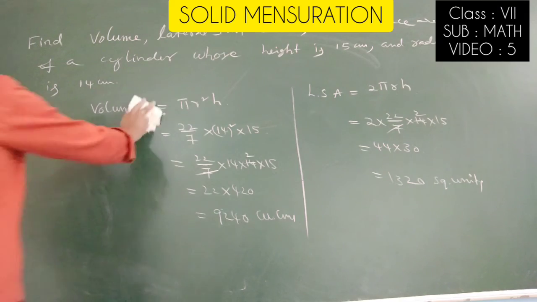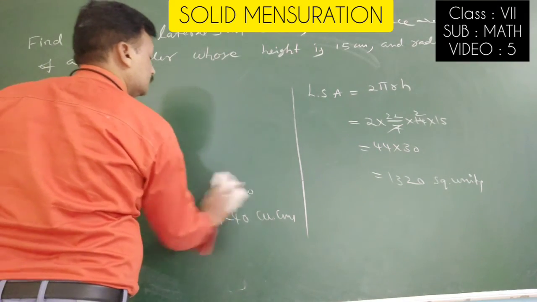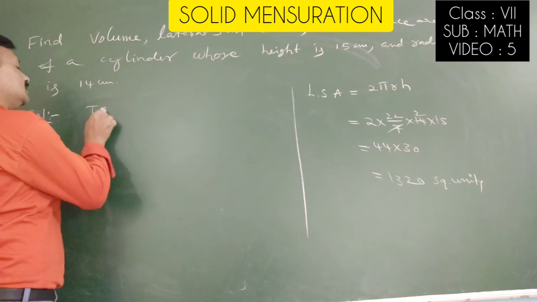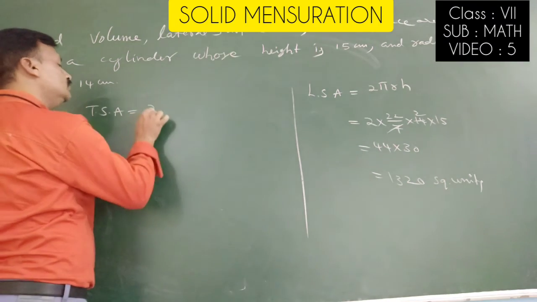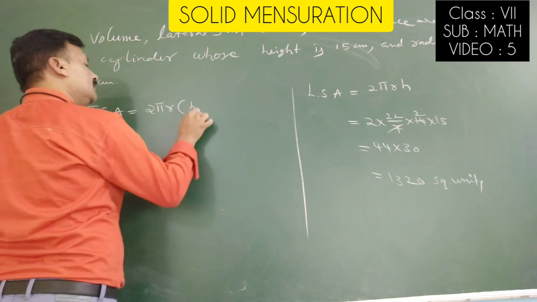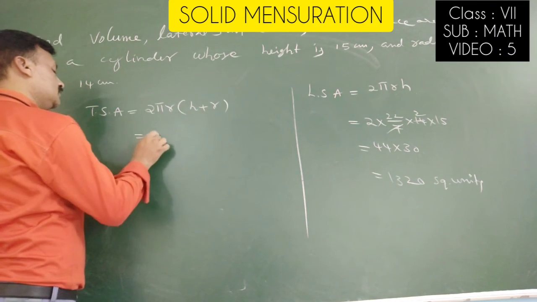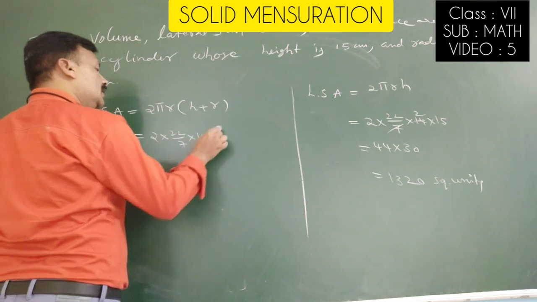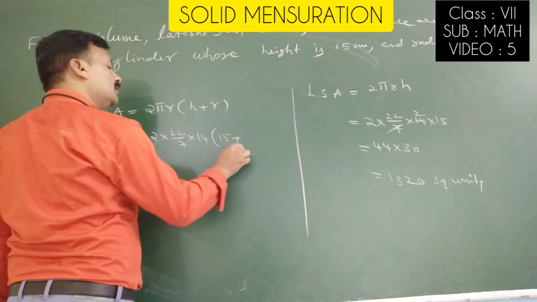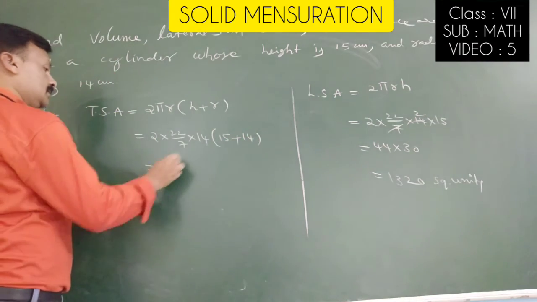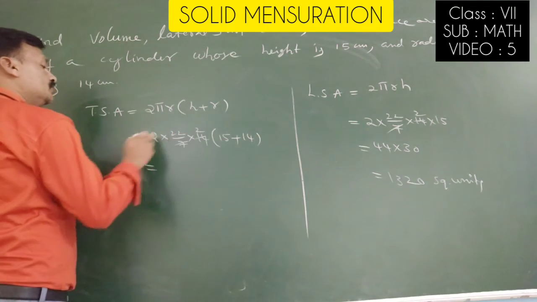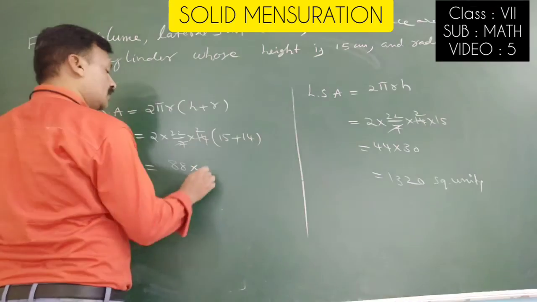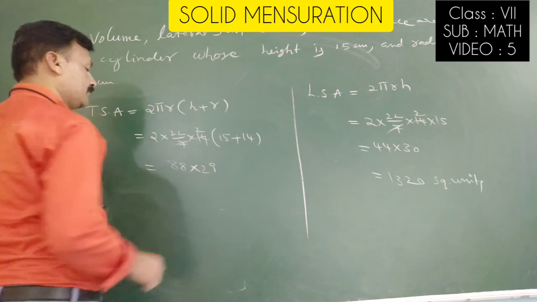Next, TSA, that is 2 pi r of h plus r. Here 2 into 22 by 7 into r, meaning 14, into h, meaning 15 plus 14. Here 7 twice. 2 2s are 4, 4 22s are 88 into 15 plus 14, which is 29.